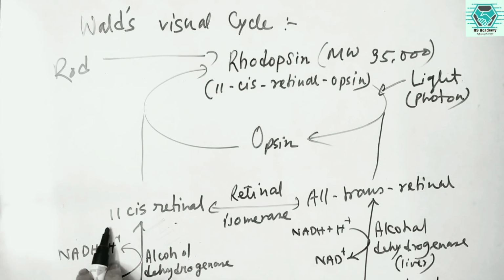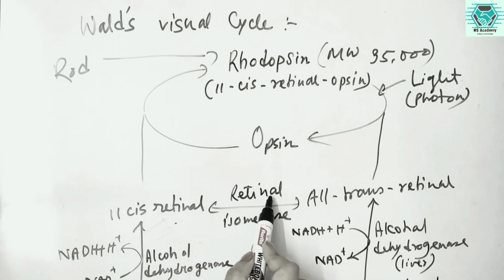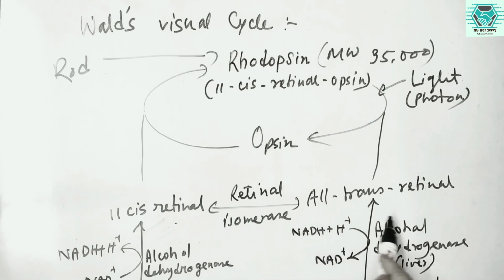So the 11-cis retinal, by the enzyme retinal isomerase, forms all-trans retinal.